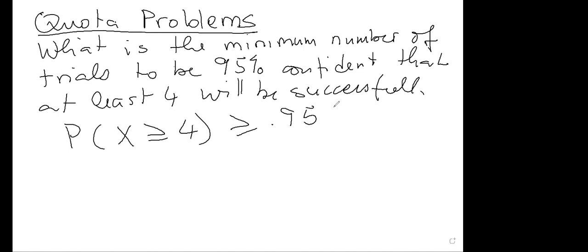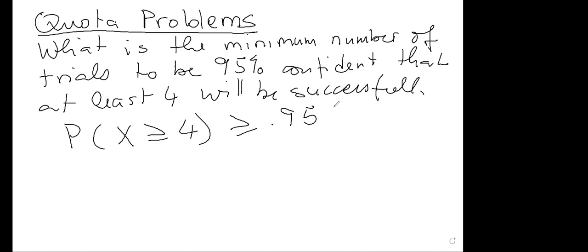So now we don't know the number of trials. If we want to find the probability that x is greater than or equal to 4, we are going to go from 4 and not know where we are going to stop. To resolve this, we can decide to use the complement rule.